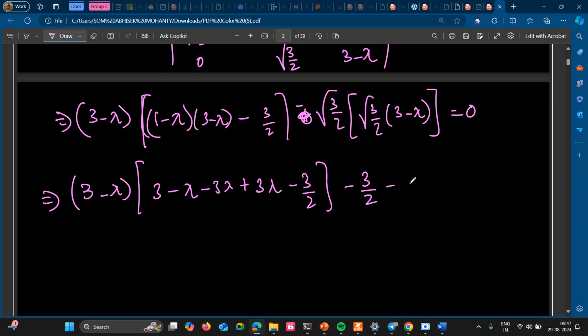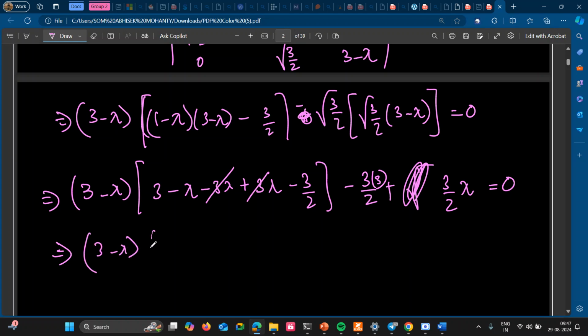3 by 2 into 3, there is another 3. Now root over 3 by 2 lambda, minus, plus. Okay, these two are cancelled. 3 minus 3 by 2 is how much? 3 by 2. So this becomes 3 by 2 minus lambda.